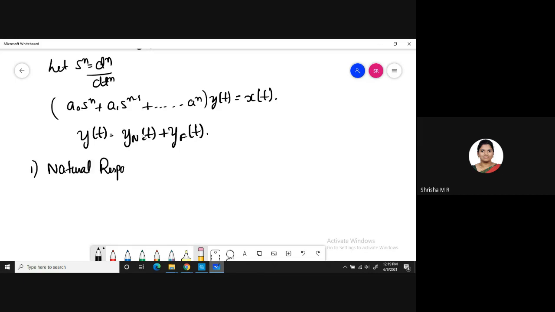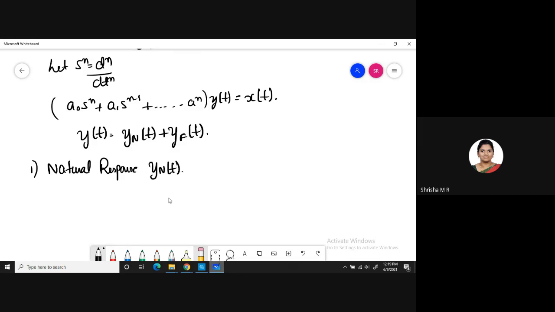Usually they will give you a differential equation and tell you to find the total response of the system. So you have to find the natural response and forced response using this procedure. The natural response is represented as yn of t.